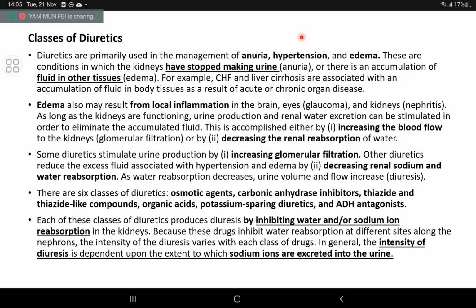Only then does anuria happen. So you have to bear in mind that when you come to a patient showing anuria symptoms, definitely the patient has undergone renal failure, or has a history of renal failure.